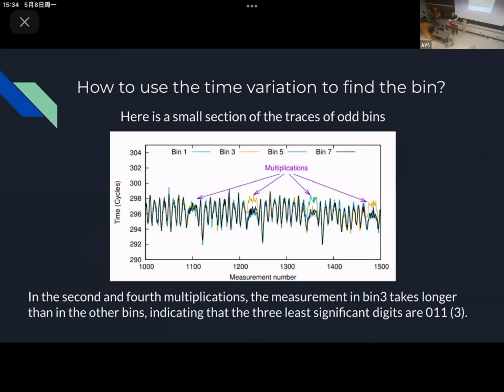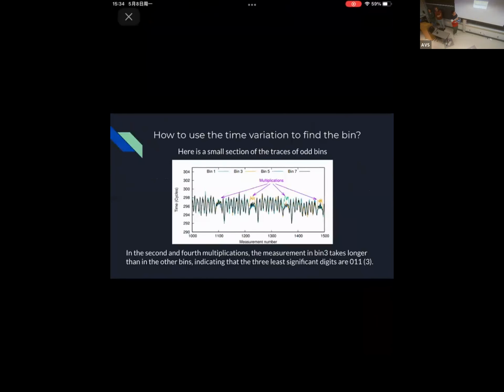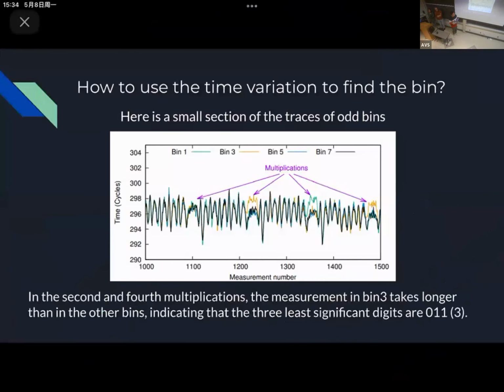Which means the victim program is trying to use the data in bin 3, so it takes longer for the attacker to read the data in bin 3. That indicates the last 3 significant digits in this program should be 0, 1, 1, which means 3. So that's how we identify the bin.